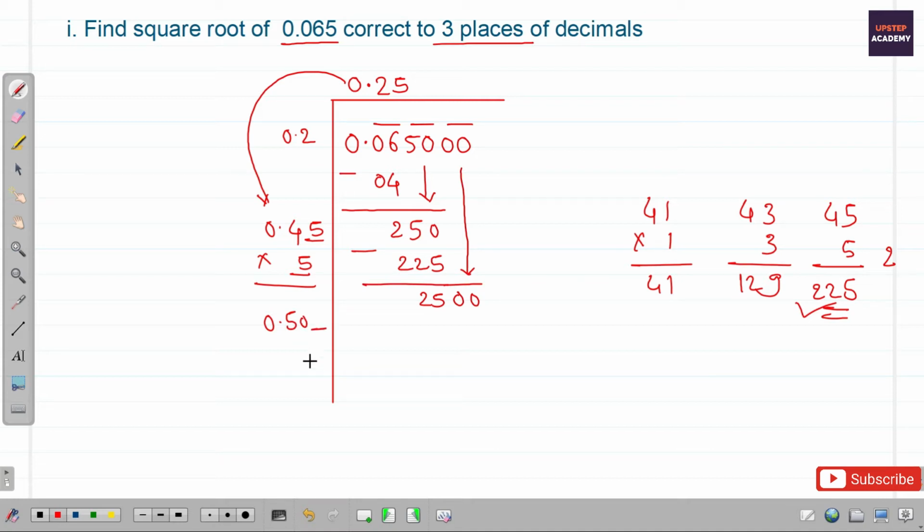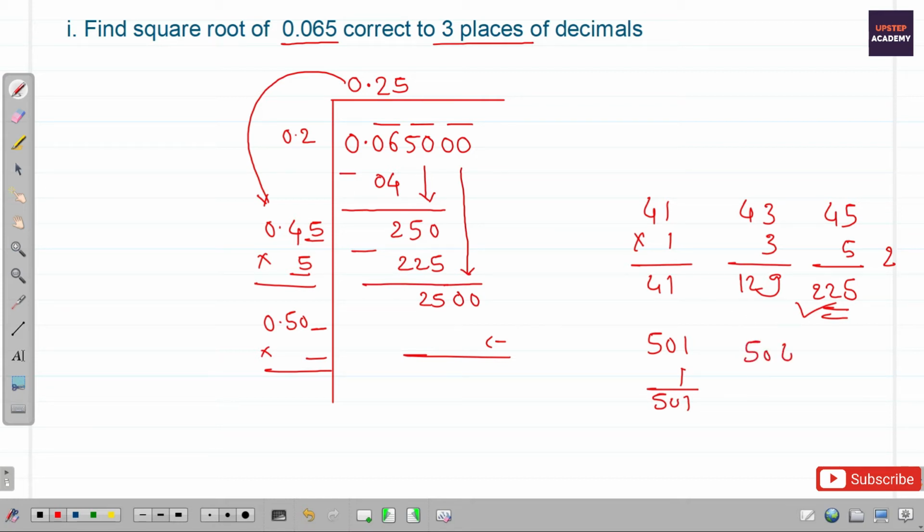Let us keep one space to write a number after this 0, and the multiplication of this will appear over here, and we are going to find the number which will fit over here. So the number after 50 is 1, suppose, into 1 is 501, which is not a good idea to take. Let me check another number.